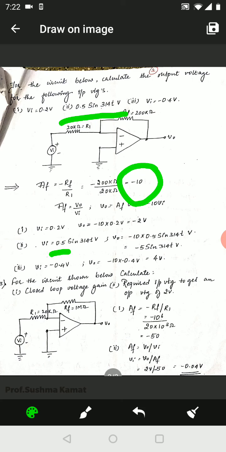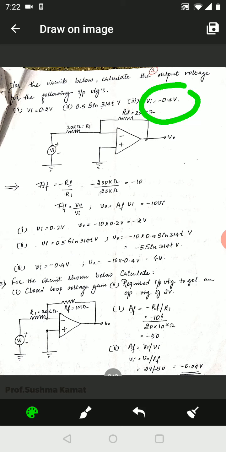So V naught is equal to minus 10 into 0.5 sine 314t, in which sine 314t can be ignored. So minus 10 into 0.5 becomes minus 5 sine 314t volts. Likewise, we can just go for third case as well. This is for your assignment, you can do it.